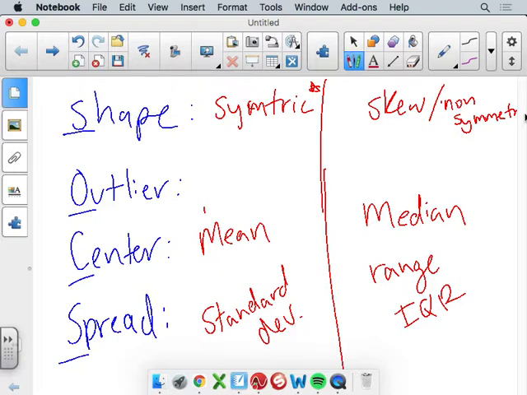Okay, so if it's symmetric, the center of it is the mean. Let's just take this one. The mean and the median are both right there. And typically the mean is a pretty good value to find, the average is pretty easy. But if it's skewed, let's go skewed right.